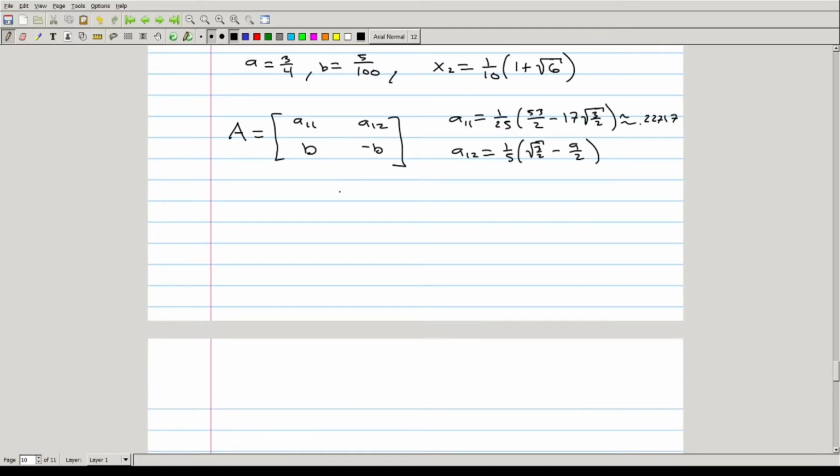And because this is a 2 by 2 matrix, we know how to classify the critical points.